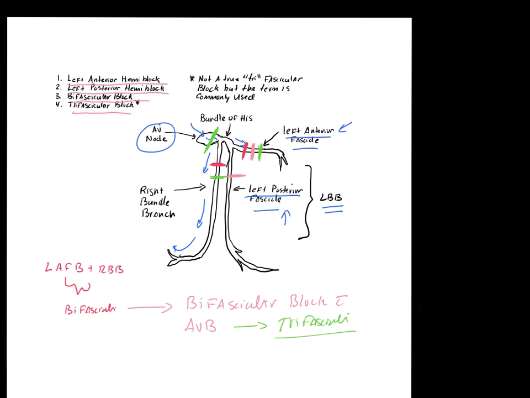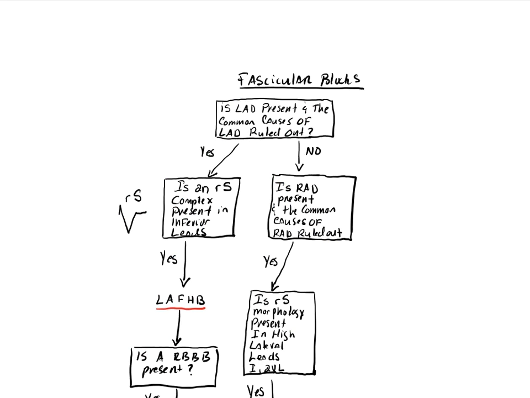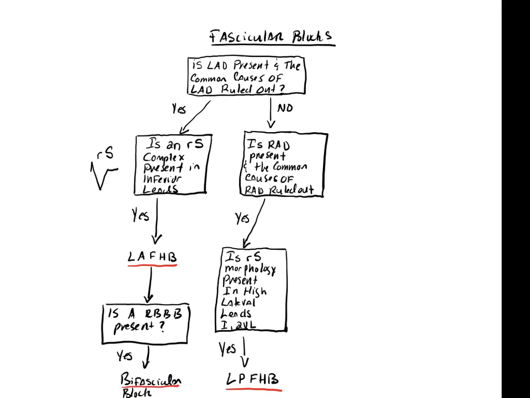Kind of? Okay, cool. So what I did is I just kind of made up an algorithm, if you will, that you can follow. So let's go to fascicular blocks. How do we identify fascicular blocks? So we start at the top. The first question you ask is, is left axis deviation present?